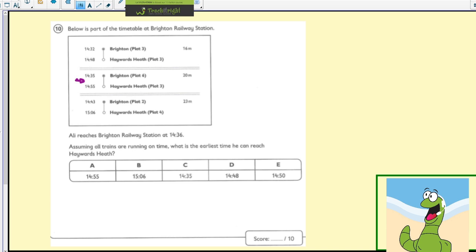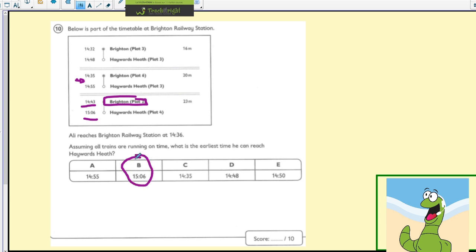Well, he walks in at 2:36, so he's missed the 2:35 train. The next train leaving Brighton, from platform 2, is the 2:43, and it takes 20 minutes to get there, arriving at 3:06. So he would arrive at 3:06.